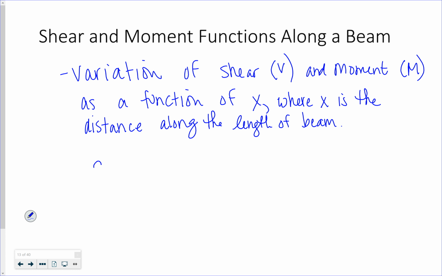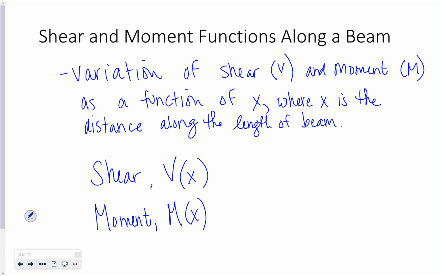So what I'm looking for is shear as a function of x and moment as a function of x. Again, we're going to be ignoring axial because axial is not generally a significant force in your beam. Axial is generally in columns.